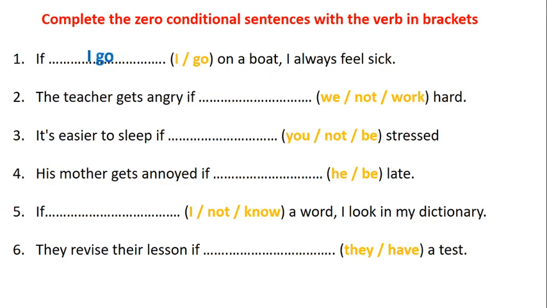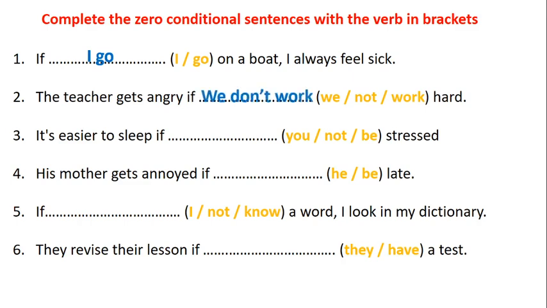First one: if I go on a boat, I always feel sick. Subject plus verb in the present; the verb go in the present. I go, you go, she goes, he goes, it goes, we go, they go. 2, the teacher gets angry if we, and we have not meaning the negative form in the present, the teacher gets angry if we don't work hard.